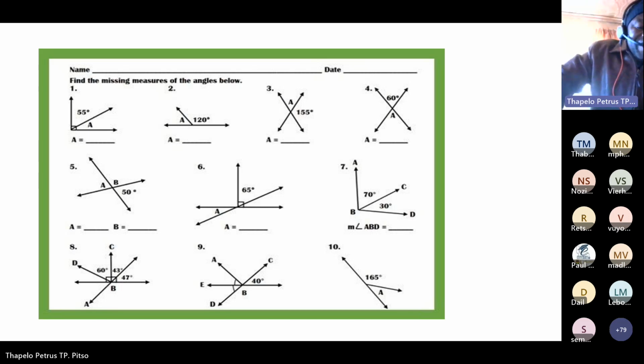Question 9, the signs, mathematical language, those signs that are marked equally mean they are equal. Again, you start with what? Your vertically opposite angle.